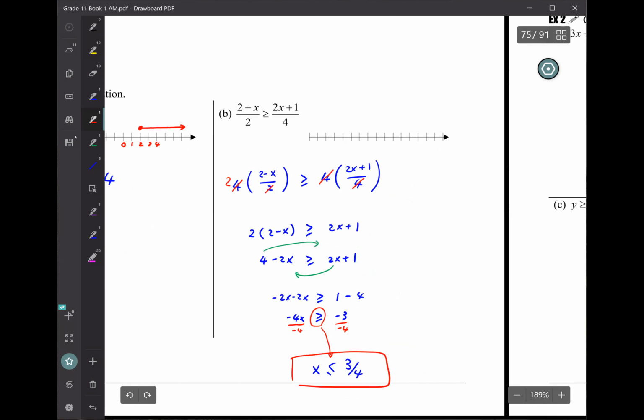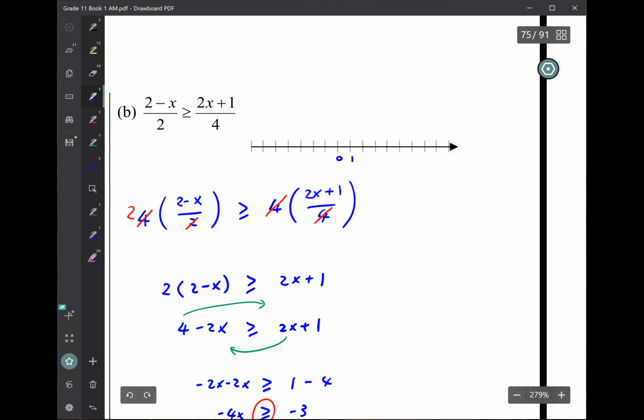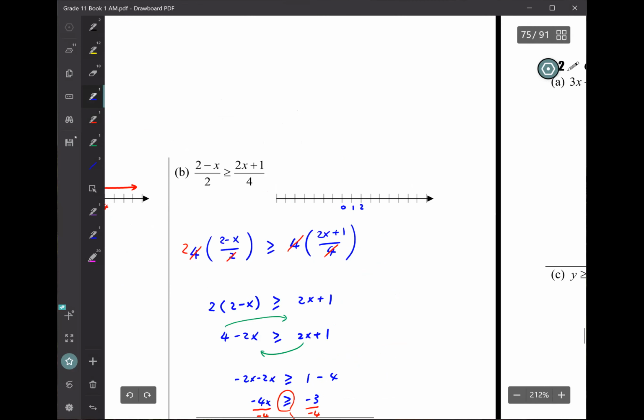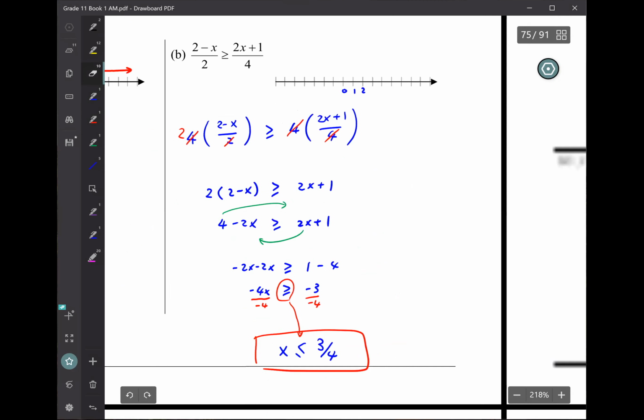Now when you do the graph, instead of drawing just 0, 1, 2, this one will be difficult to show 3/4. So you need to set your scale differently when you are showing the answer for your homework. So this is how I suggest you do your graphing.